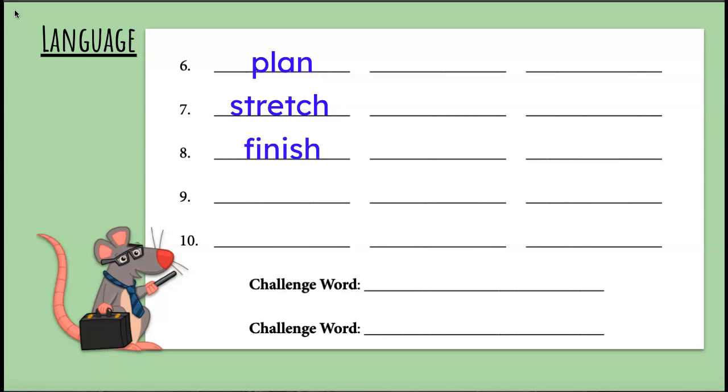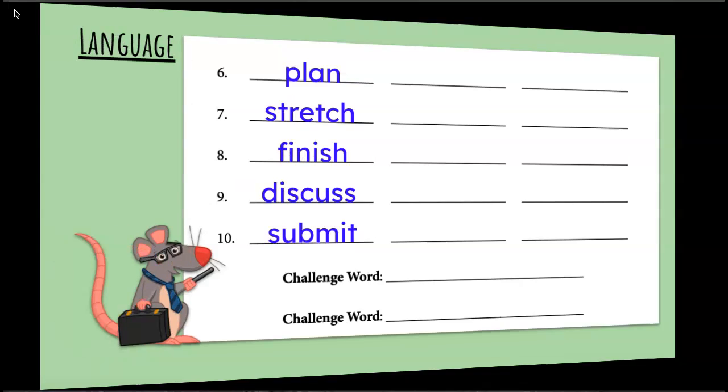Number 8, finish. Number 9, discuss. Number 10, submit. You see that word a lot when you have to submit your assignments. Make sure you have all 10 root words written down neatly and see if you can say them to yourself.